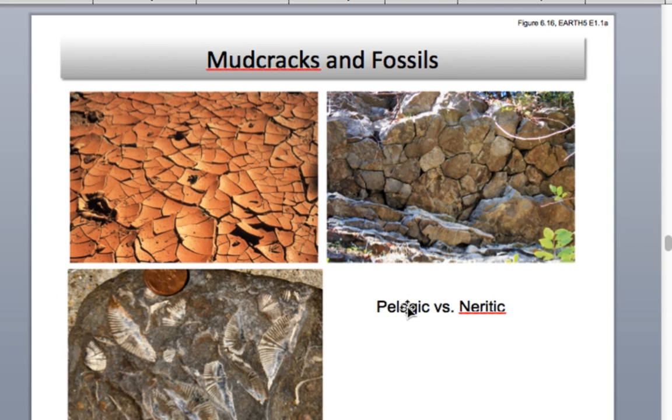They're deeper than 200 meters is really what we say, out in the abyssal plains often. Whereas neritic waters are near shore waters over the continental shelf. So when I see this limestone of brachiopods, I know that this is a near shore or neritic environment, right? So that's how they can help me determine the environment in the past.